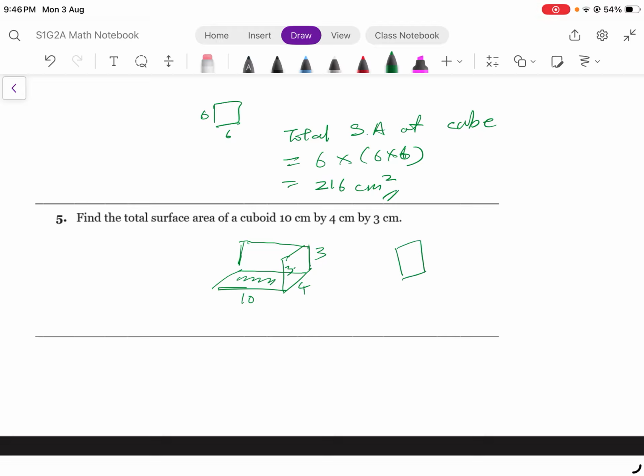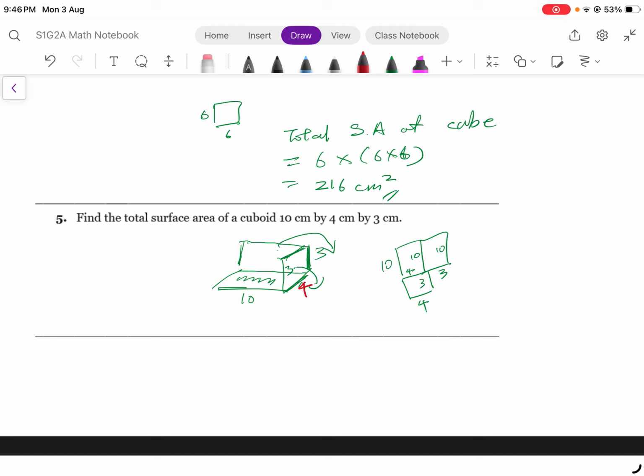This side comes down. That's the square side. Then the back side comes here. So you have 10, 10, 10. This side is 3, so this is 3, 3. This side is 4, 4. Okay, let's use a different color.